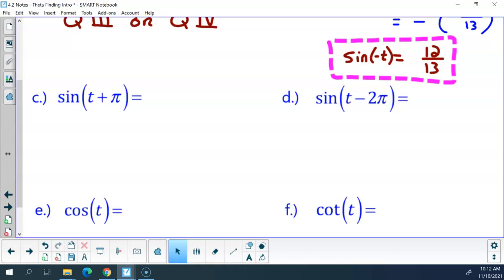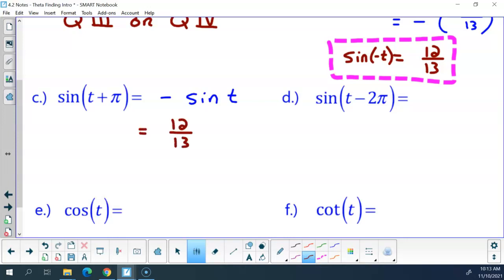So that tells me, according to my identity sheet and number 9, that that is negative sine of t, which would be positive 12/13.